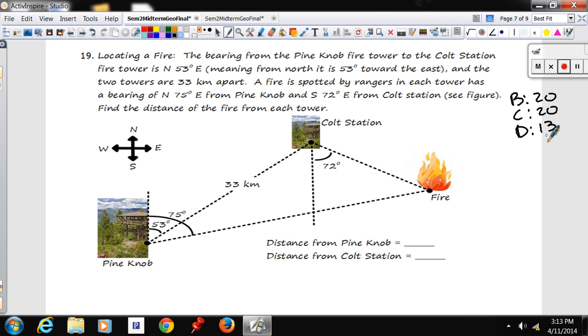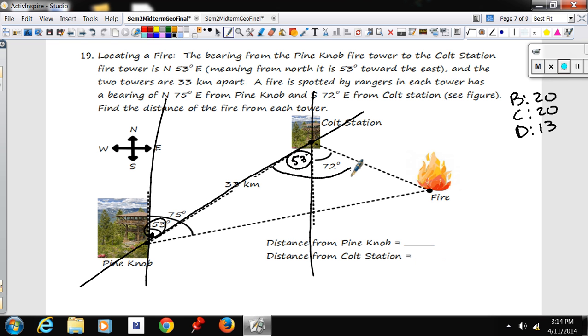If this is 53 degrees right here, then this is also 53 degrees because these are alternate interior angles. Here's your two parallel lines. You got a north line here, you got a north line there. This is your transversal line right here. So those are alternate interior. So this angle right here is 125 degrees.